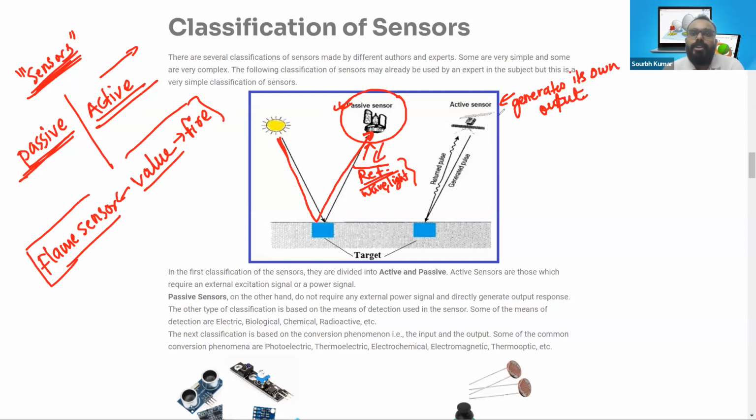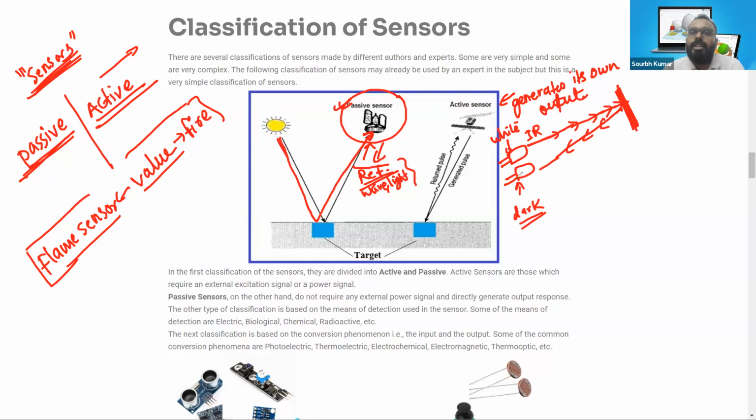Suppose we take the example of the IR sensor, which I will show you in a minute. An IR sensor has two LEDs. One LED is the white one and the other is the dark one. So what is the role of these LEDs? The white LED generates the infrared light. Whenever infrared light is generated, it travels onward, right? Whenever an obstacle comes in front of the device, it reflects the infrared light back.